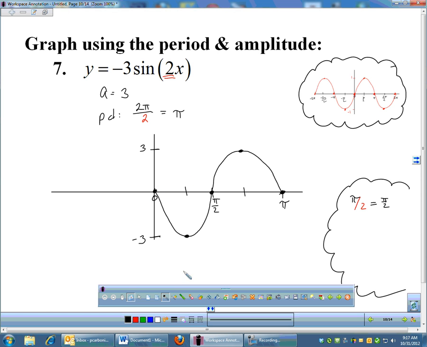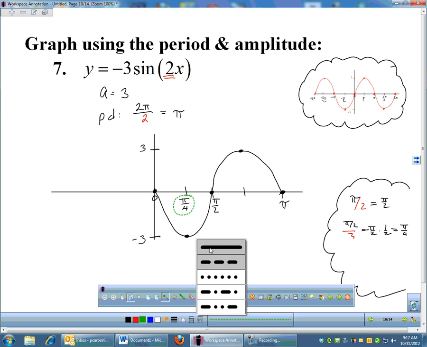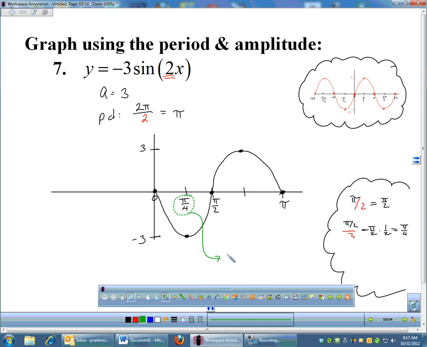So again, I'm going to take that x-coordinate, pi over 2, and divide it by 2, which is the same as pi over 2 times 1/2, which ends up being pi over 4. So our x-coordinate here is pi over 4. And this number right here, the first x-coordinate, that is how you count. This is what you count by.